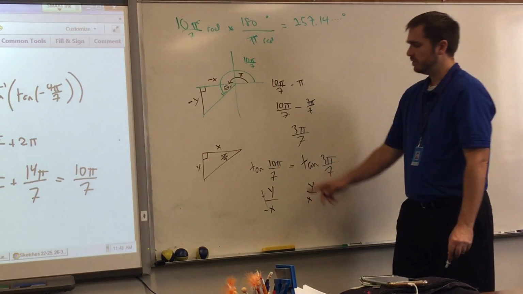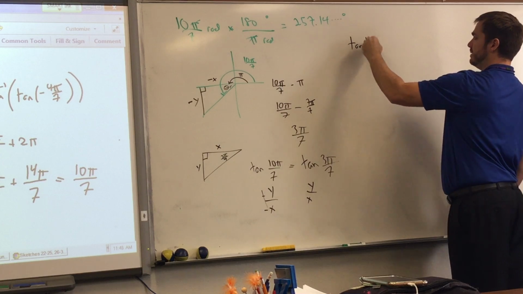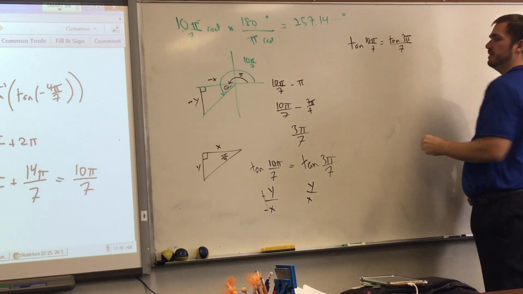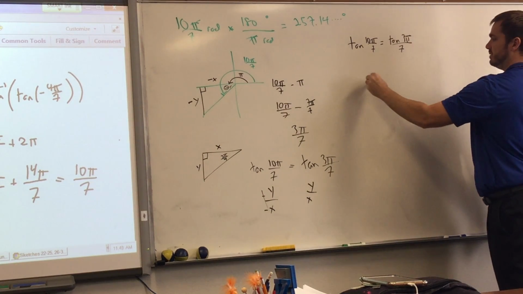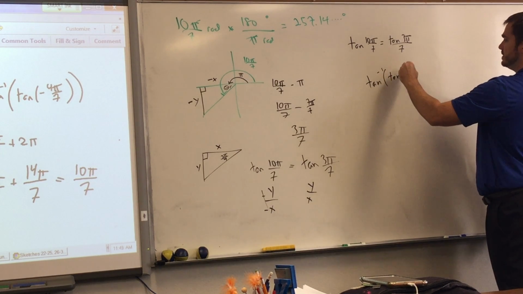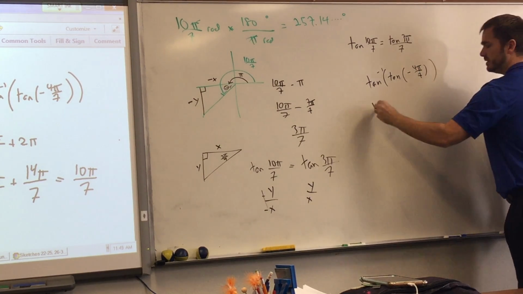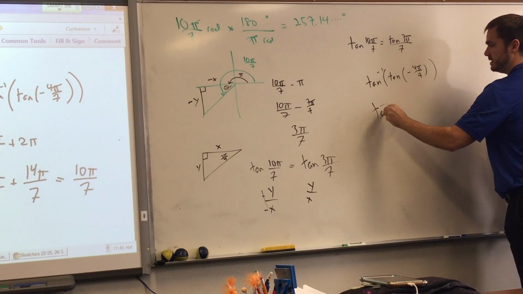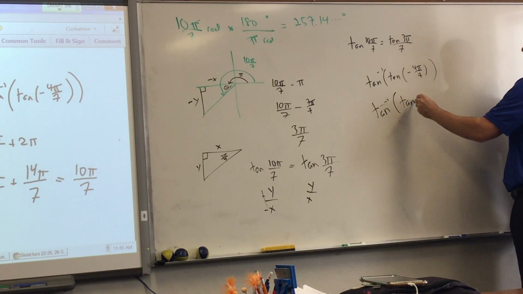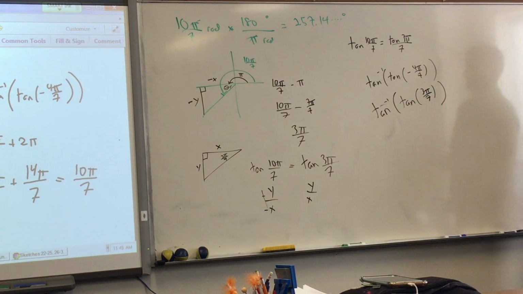Okay? So if everyone can agree that the tangent of 10 pi over 7 equals the tangent of 3 pi over 7, then I can rewrite this problem which says find the inverse tangent of the tangent of negative 4 pi over 7. I can write this as find the inverse tangent of the tangent of 3 pi over 7.